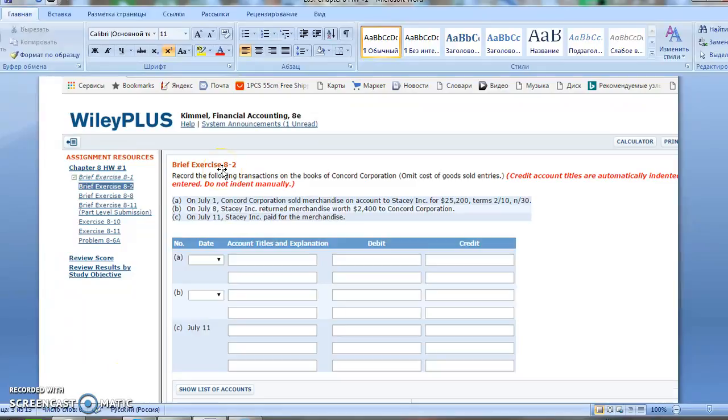In Brief Exercise 8-2, we have to record the following transactions on the books of Concord Corporation, but only the cost of goods sold and price.